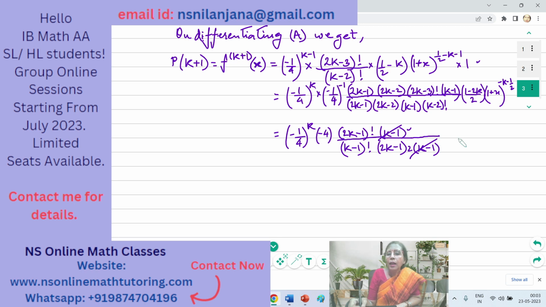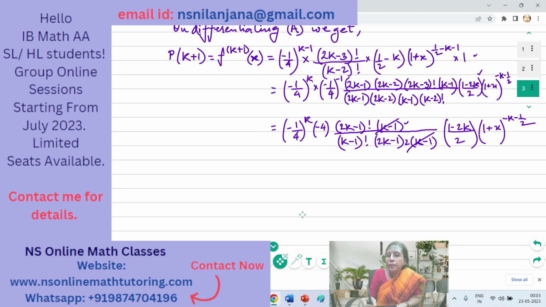Okay. And then I am having this part, 1 minus 2k over 2 and 1 plus x raised to the power of negative k negative half. Okay.